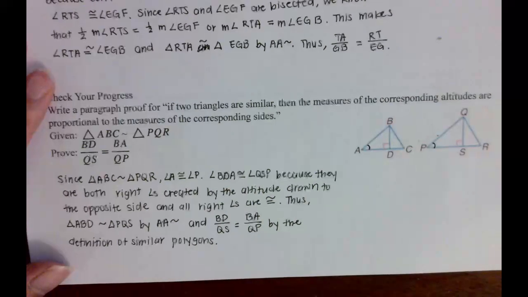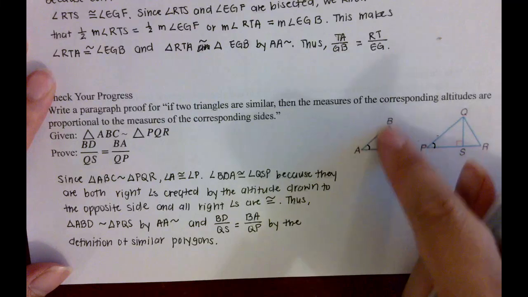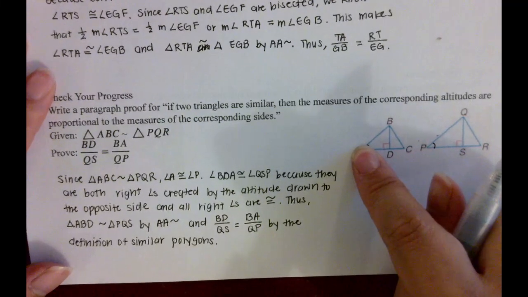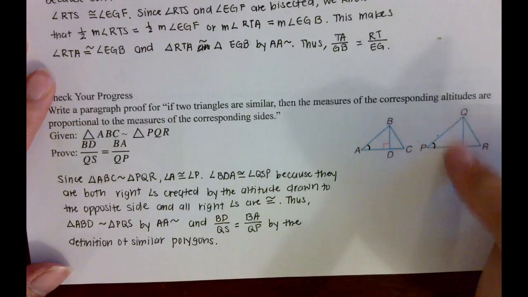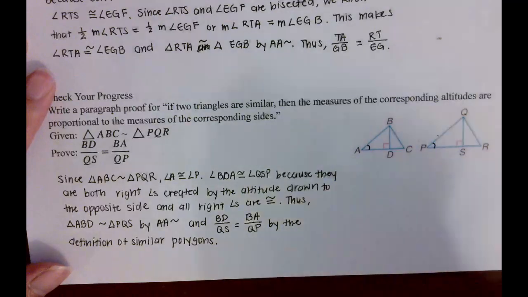As a result, triangle ABD, this triangle here, is similar to triangle PQS by angle-angle similarity, right?